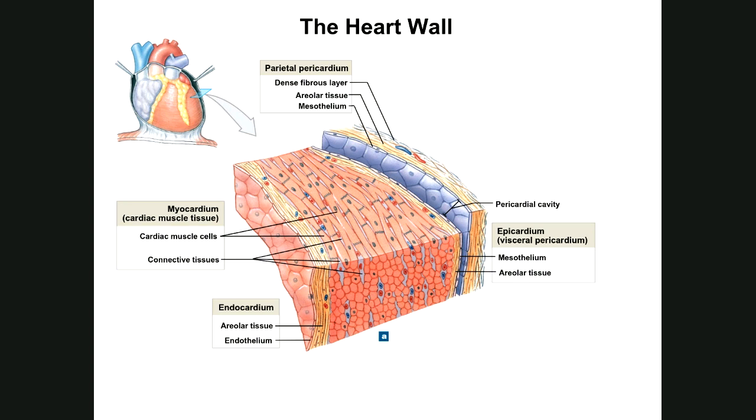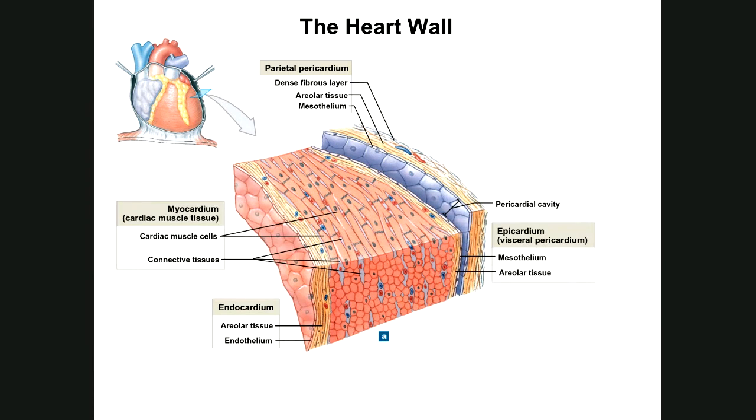So this is a section of this little part, and we zoom it in. We have the parietal layer of the pericardium and the epicardium, which is the visceral part of the pericardium.